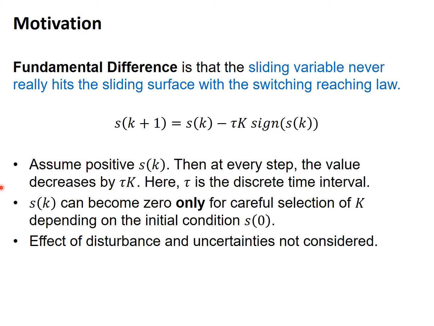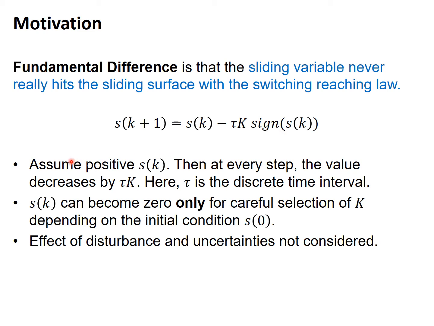This is called the shift operator discretization, where s dot is approximated by (s_{k+1} minus s_k) divided by tau, where tau is the time period between two instants k and k plus 1. So the equation takes this form: s_{k+1} equals s_k minus tau K sign(s_k).